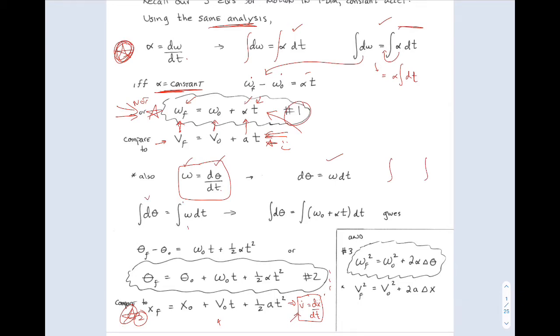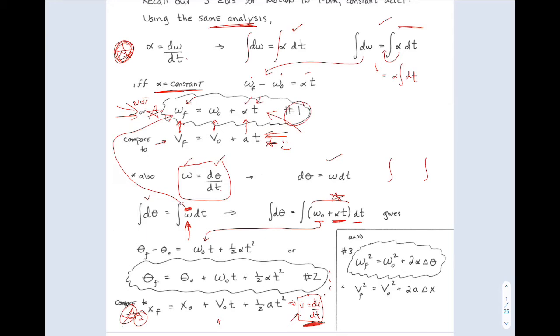Now, remember, just when we did this, look back in notes chapter 2, where I have omega, it's a function of time. So I have to put in for omega right there, and so I have to integrate this term by term. So the first term is omega 0 times dt, and this integrates to omega 0 t. And here I have alpha t.